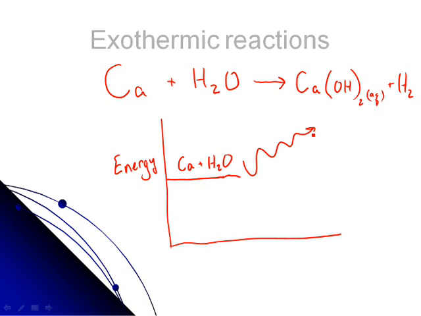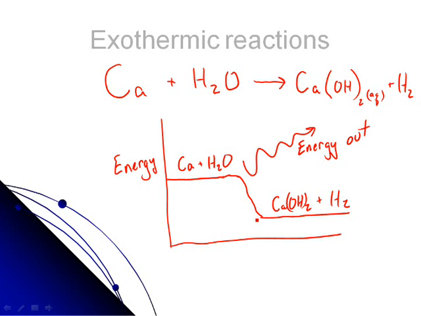The energy is going out. Energy out. That's why we call it an exothermic reaction. The energy is exiting. So as a result, the products of this reaction, the calcium hydroxide and the hydrogen gas, have some lower amount of energy than we started with.